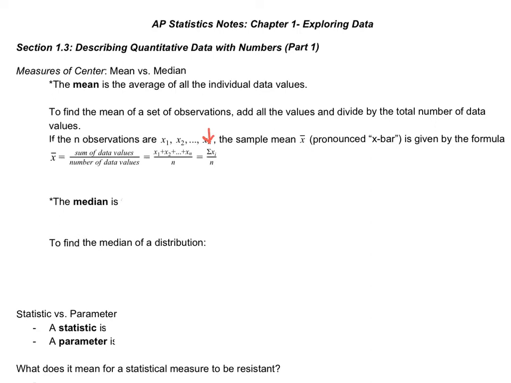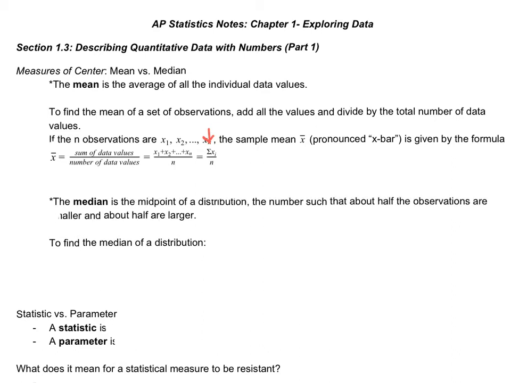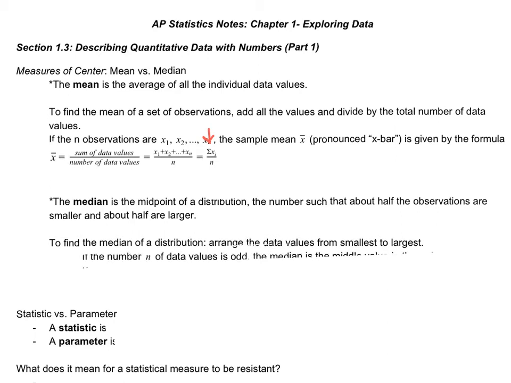Another option is to look at the median. The median in a set of data is the midpoint of a distribution. The number so that about half of the observations are smaller and about half are larger. So if you wanted to find the median, then you would start by arranging your data values from smallest to largest.